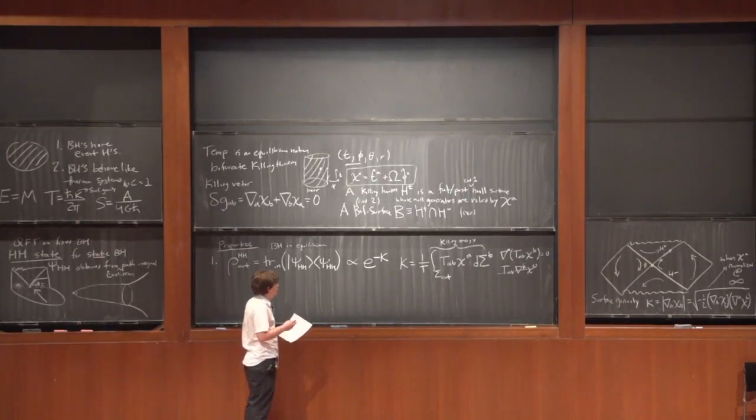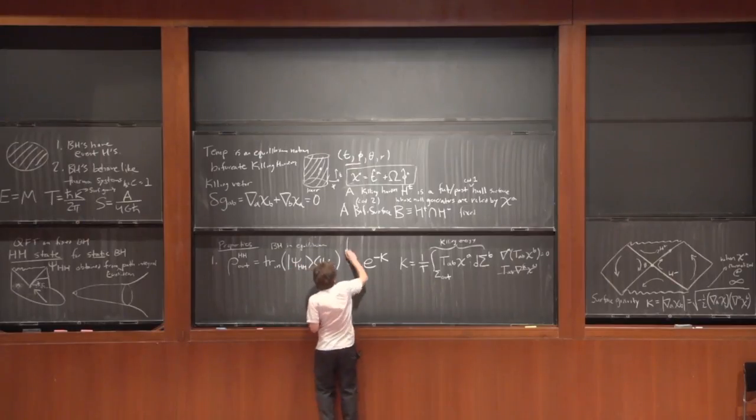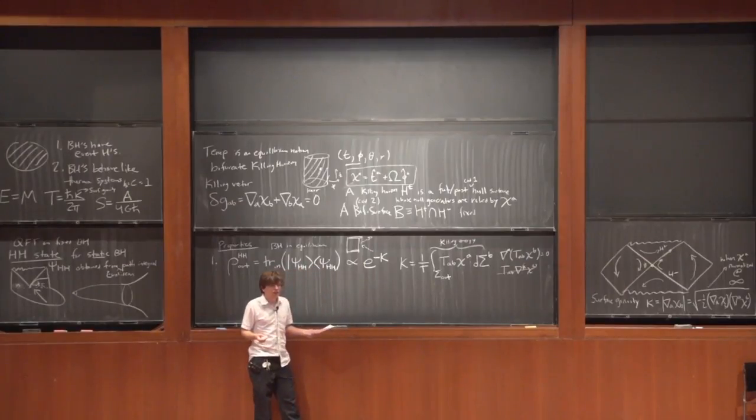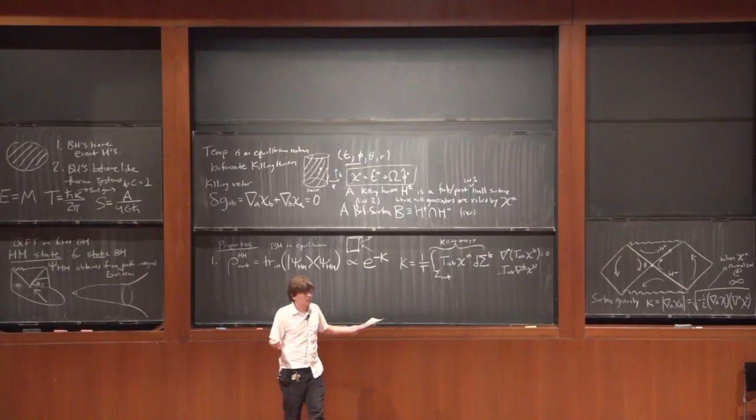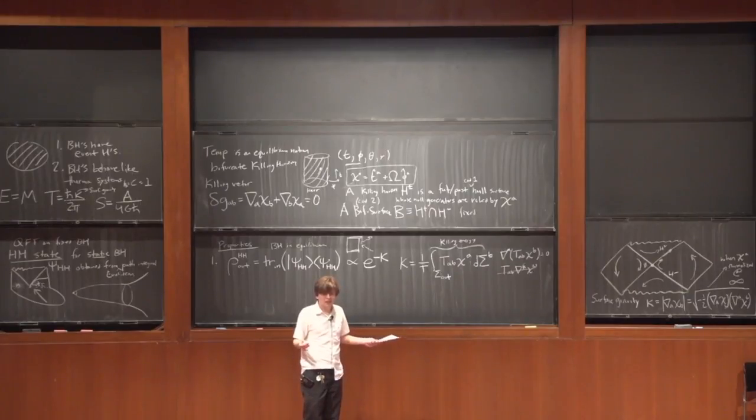So this Hartle-Hawking state actually represents not an evaporating black hole, because radiation is coming out both in and out. It's surrounded by a cloud of gas that has the same temperature that it does, in the sense that it's related by redshift.